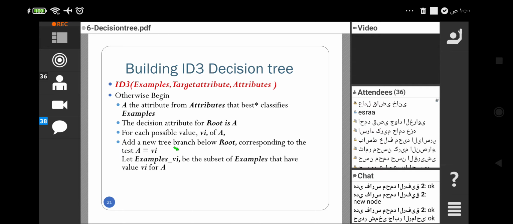We calculate the information gain for the attributes that we have in the current situation in the tree, and then we select the best attribute which has the highest information gain, and we put that attribute in the tree. And we add some branches which are the values of that attribute.